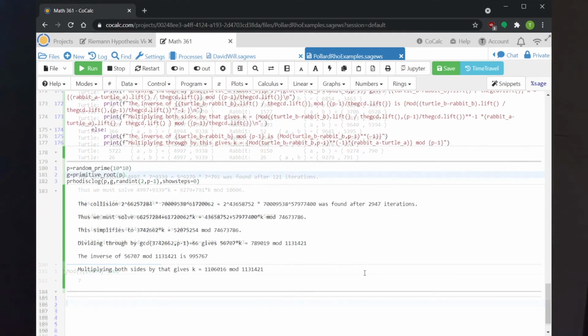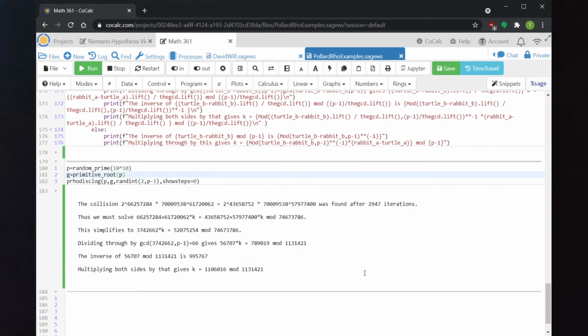If we want to look at how this algorithm performs on some larger numbers, we can go ahead and here have Sage pick a random 10-digit prime, pick a primitive root mod that, and then calculate the discrete log of some random thing mod that number, and just see how it performs.